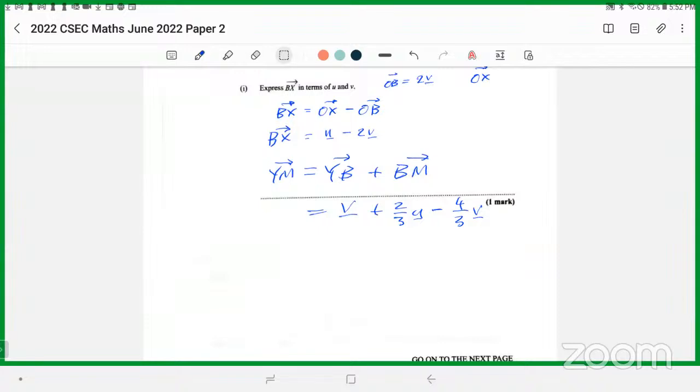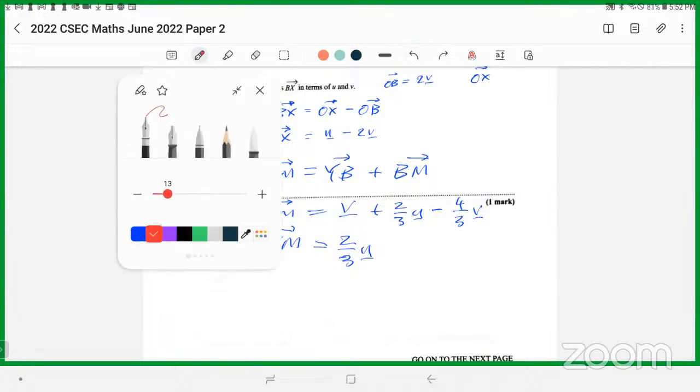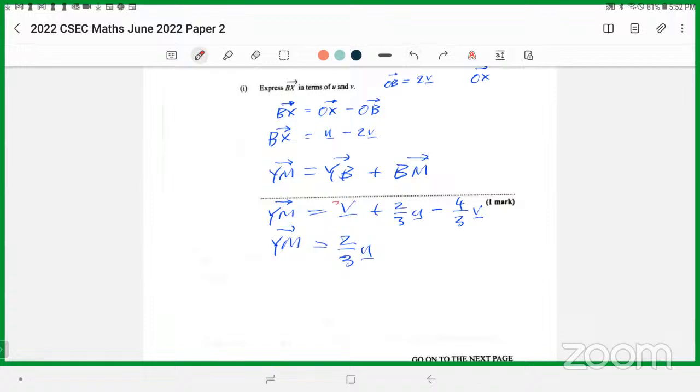And you always consolidate your values. This is the YM. Consolidate the values of the V. So this is 2/3 U, not changing, and then V minus 4/3 V. Now all you have to do to work this out quickly is to put this one as if it is 3/3.